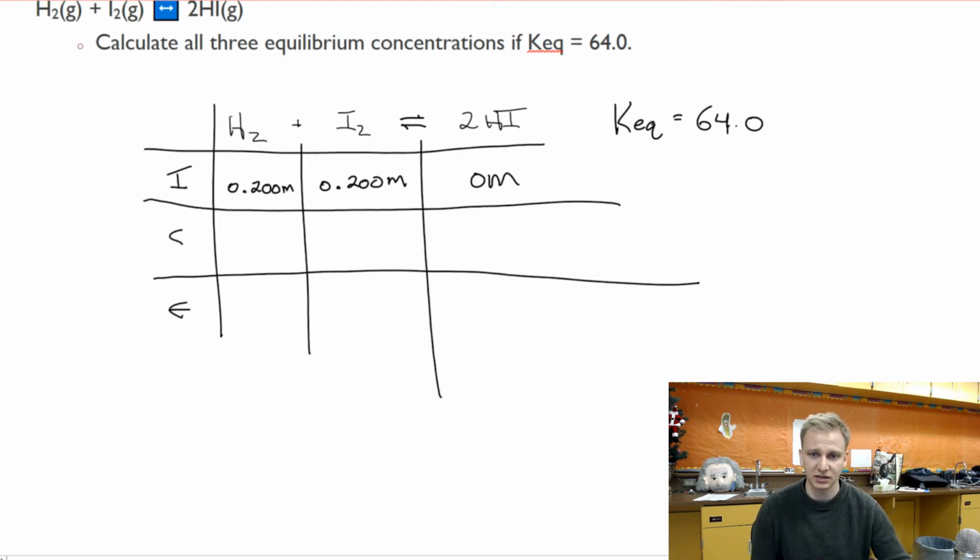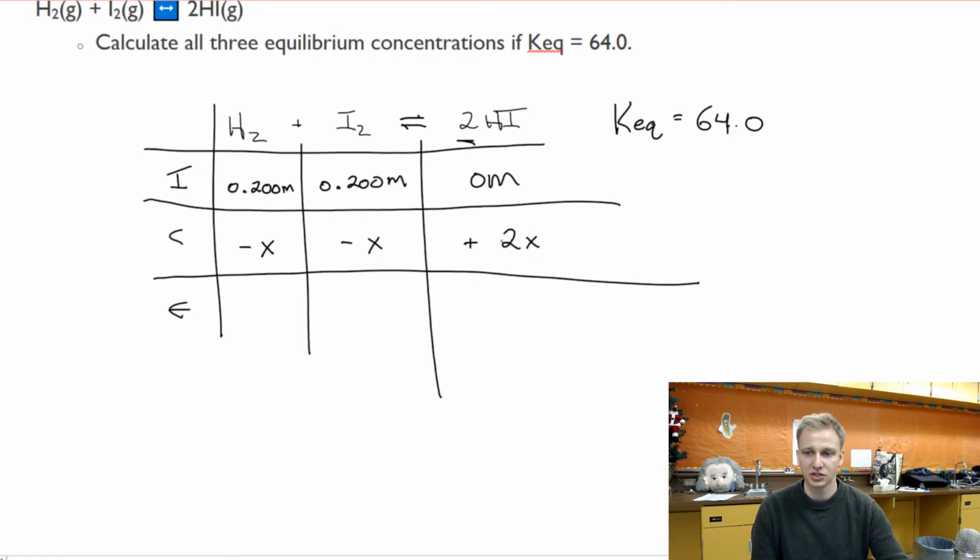So in this particular example, we want to use up reactant to produce product. And so we're going to lose X amount of H2 and I2. We don't know how much yet. We're starting with 0 molarity of HI, and so we want to increase that by 2x, again because we have a balancing number of 2 versus 1 and 1 out in front of the I2 and the H2.